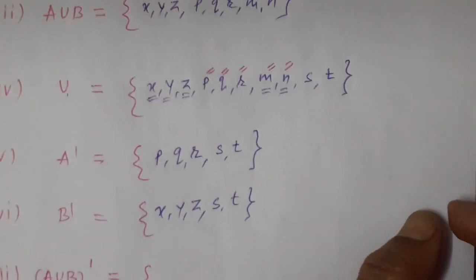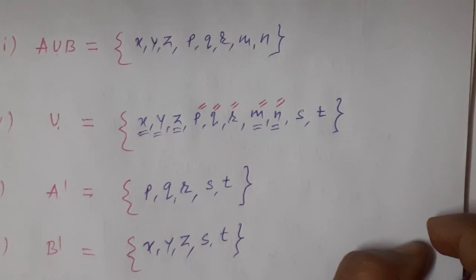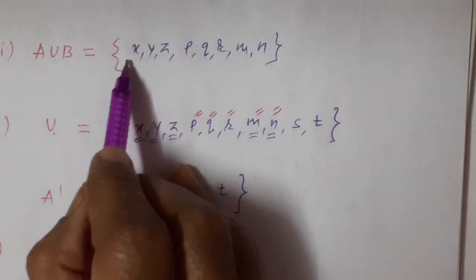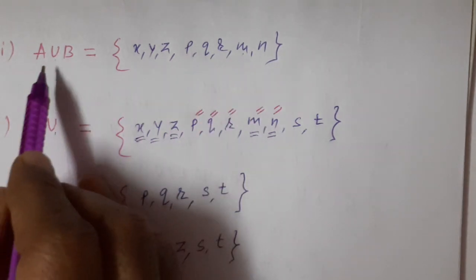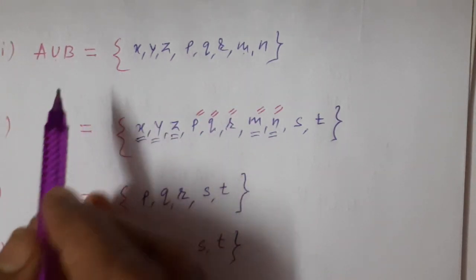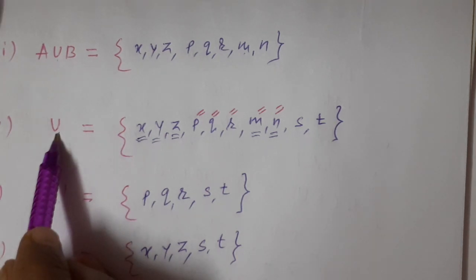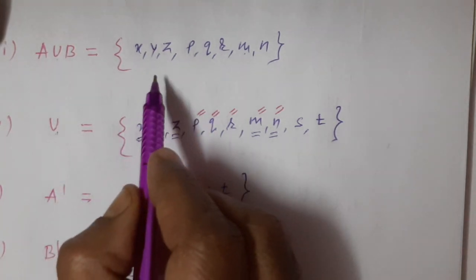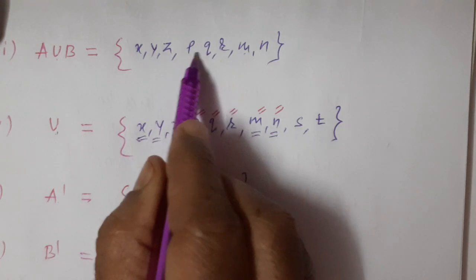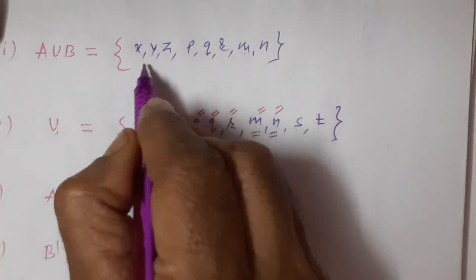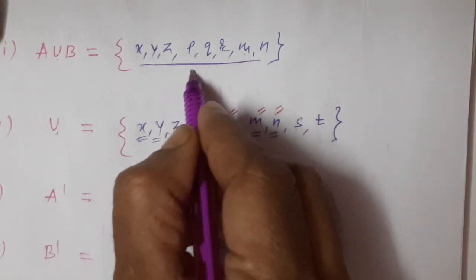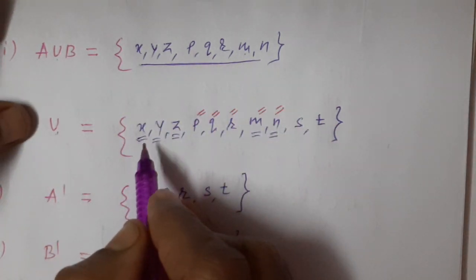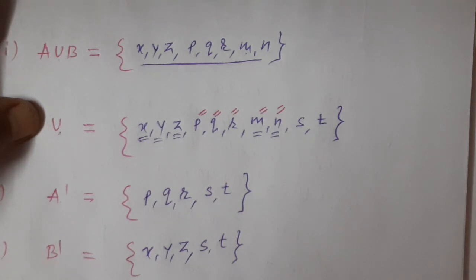A union B is X, Y, Z, P, Q, R, M, N. So you have to compare this A union B set with the universal set. You have to leave all these elements of this set, and the remaining elements present in the universal set are the complement of A union B.